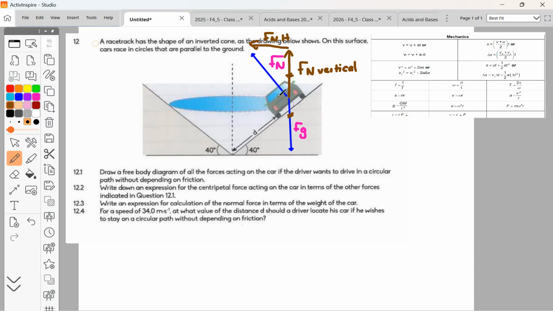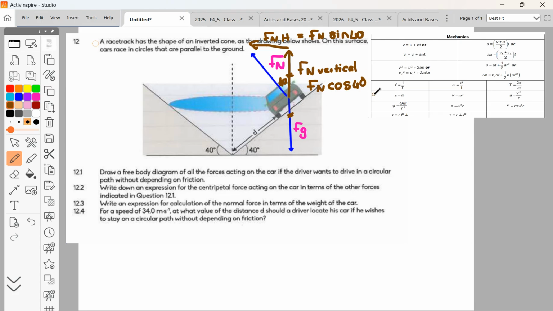Now if we look at the trig, this angle here is going to be our 40-degree angle, and that means this one is adjacent. So the normal, the vertical one is going to be cos. So this will be F normal cos 40, and that one there will be F normal sine 40.